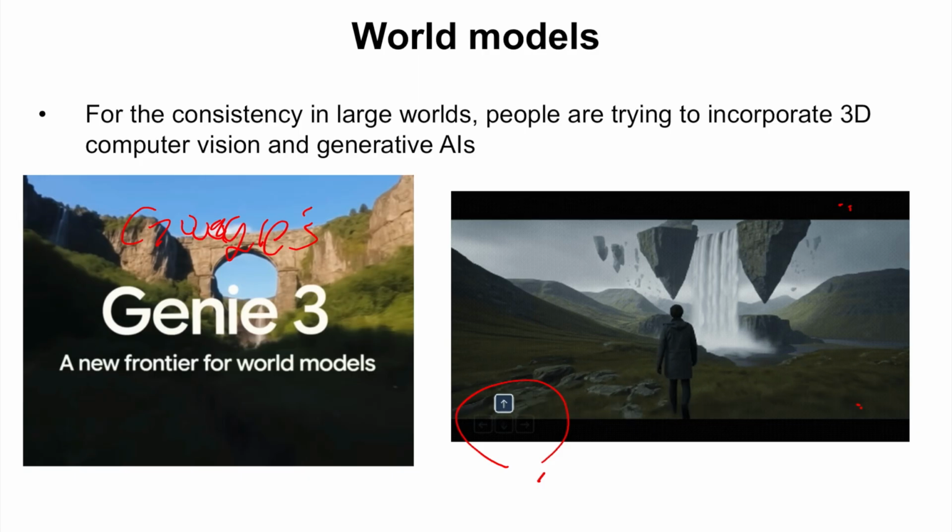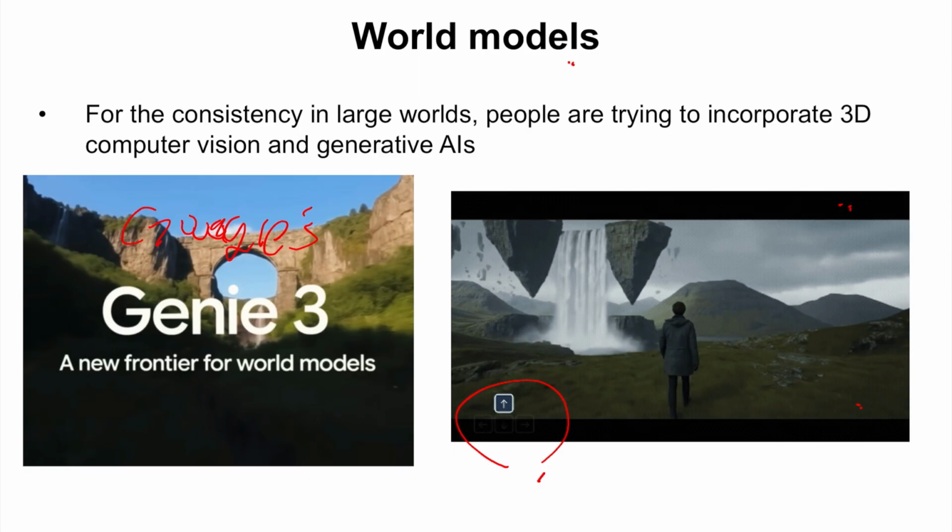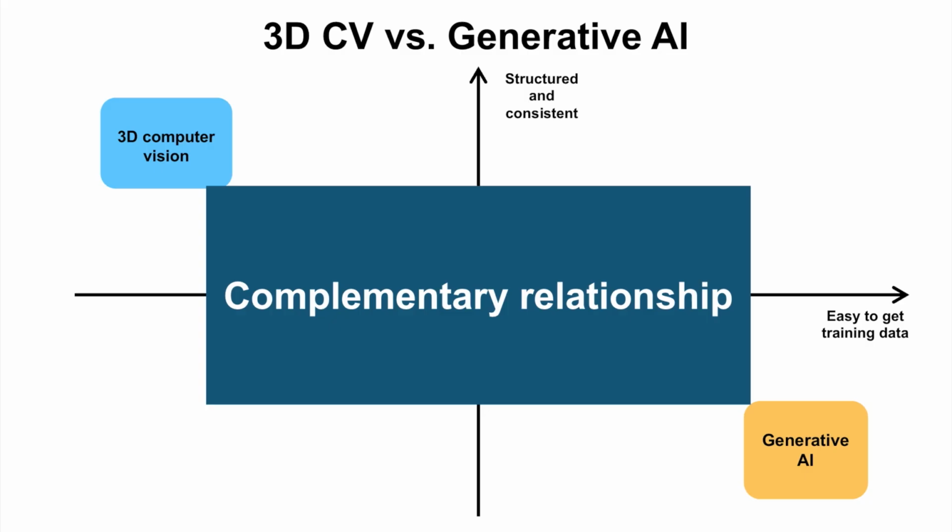Anyway, world models are one example of how these days people are trying to incorporate 3D vision and generative AI. I think these are complementary. 3D vision provides a structured and consistent representation, but getting training data is a little bit hard, because from a single image we cannot get training 3D assets.